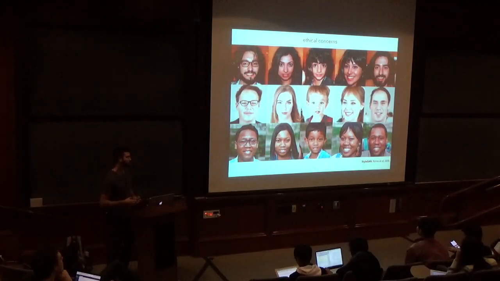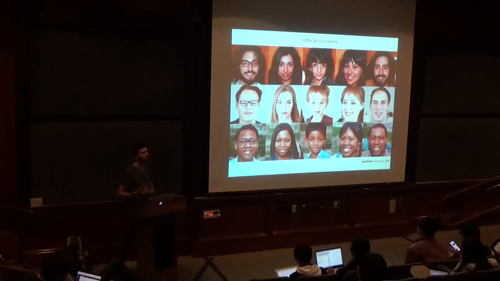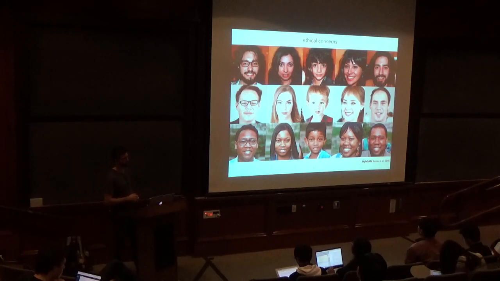But because of all this work, the state of the art has improved so much that there are now starting to be some ethical concerns. If we have this data out there that we can very easily generate, and it's even fooling humans, that might raise some concerns because this is a lot of power in the hands of potentially bad people.